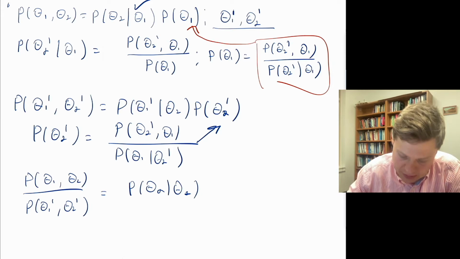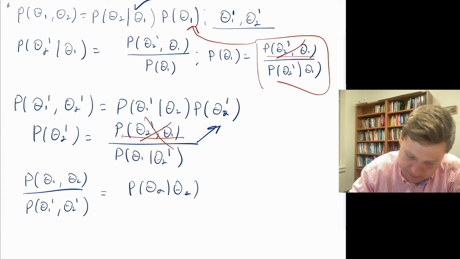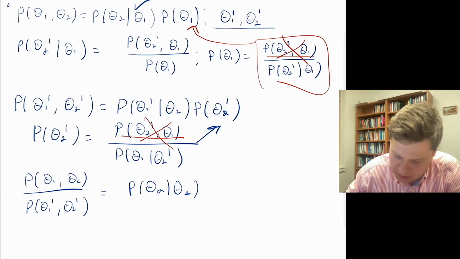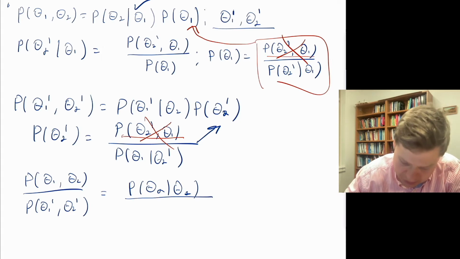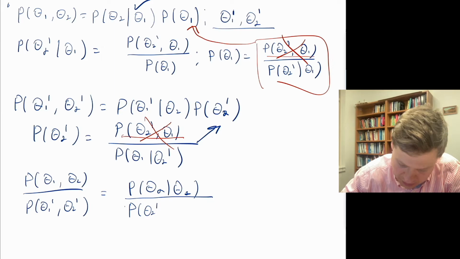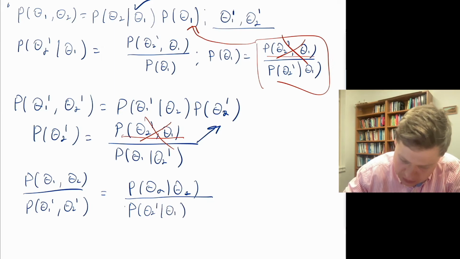And then if you look at this carefully, you'll see that in this ratio, this term and this term are the same, so they're going to cancel out. Okay. So then from the first joint over theta 1 and theta 2 at the bottom, we also will have P of theta 2 prime given theta 1. So it's this term here.